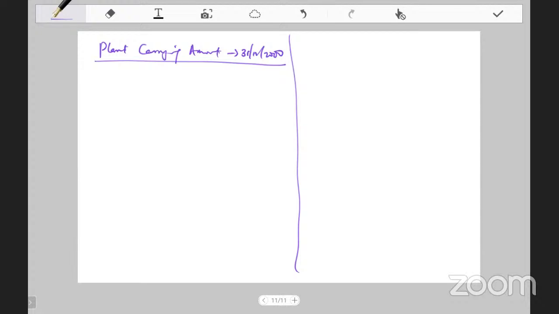It's very simple. We want to look at the total depreciation of the plant. How do we get the total depreciation? Cost. What's the cost of the plant? 22,500.